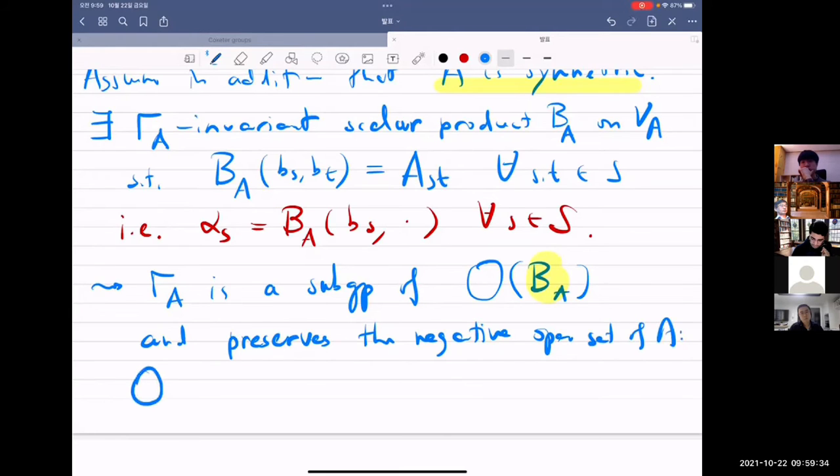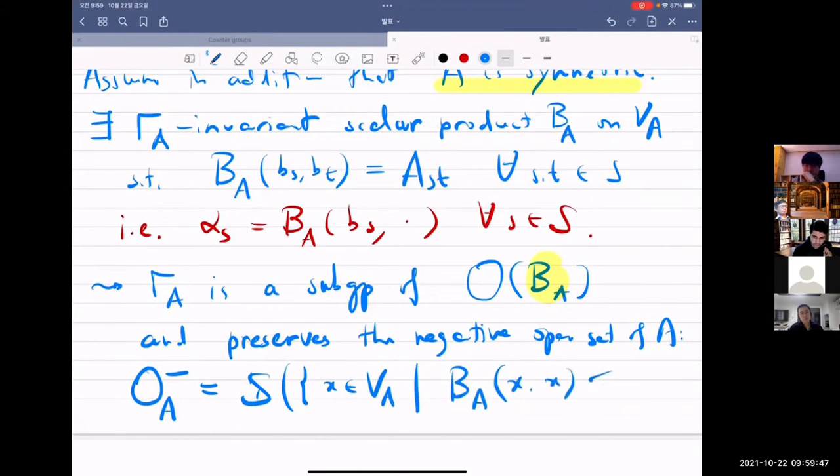So what does it exactly mean? So OA minus is the set of X in VA such that BA of X,X is less than 0. So in case BA has signature (p,1), then we have this hyperbolic space. The OA minus will be the hyperbolic space.